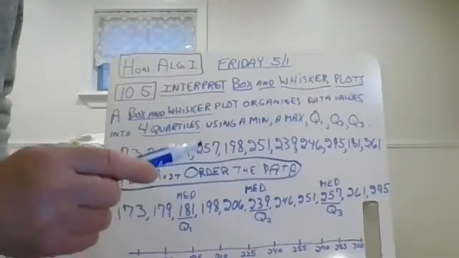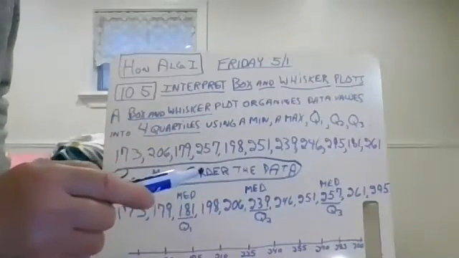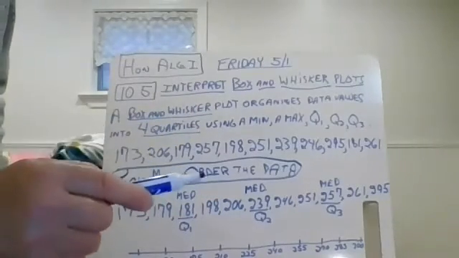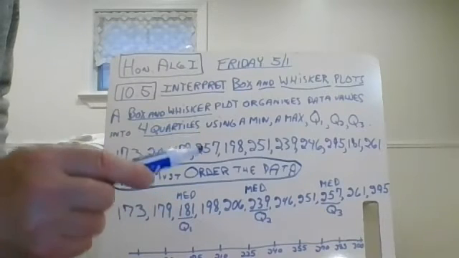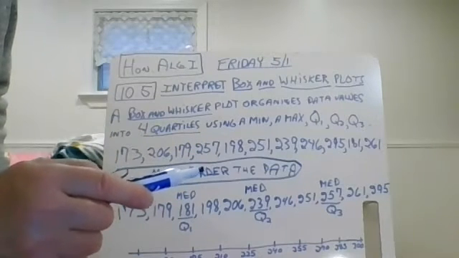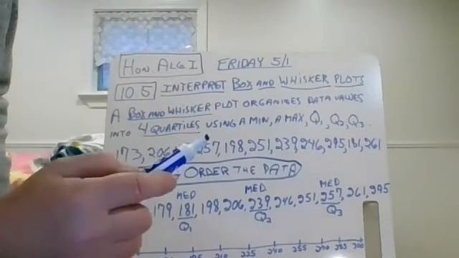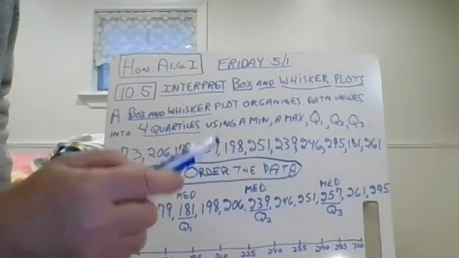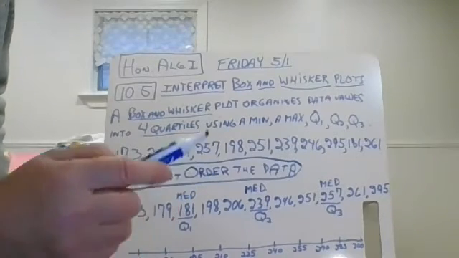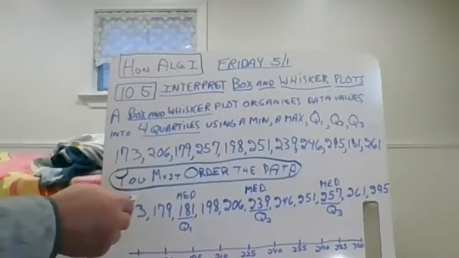When there's an odd number of values, there is a median. When there's an even number of data values, you take the 2 middle ones and take the average to find the median. But here it's odd.